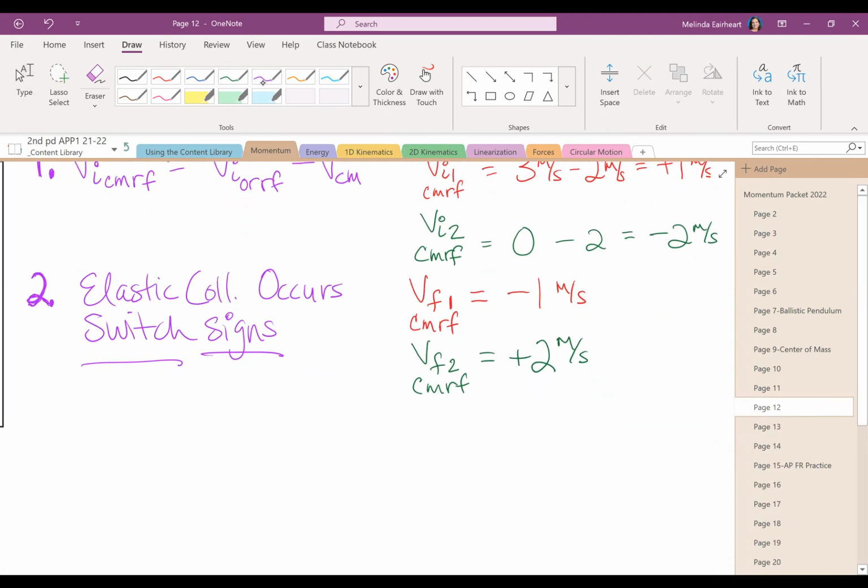And then step 3 would be to get back into the original reference frame. So to get back into the original reference frame, we have to add back in the system center of mass velocity. It would be the final velocity in the center of mass reference frame plus VCM.